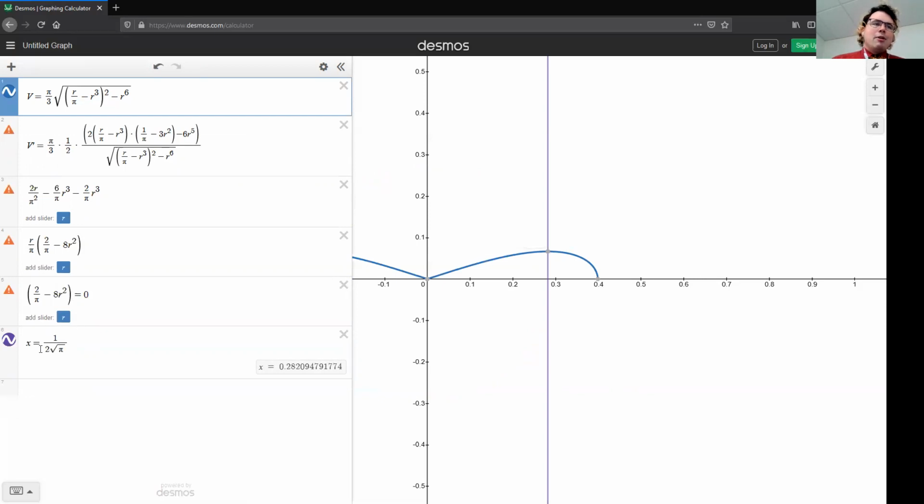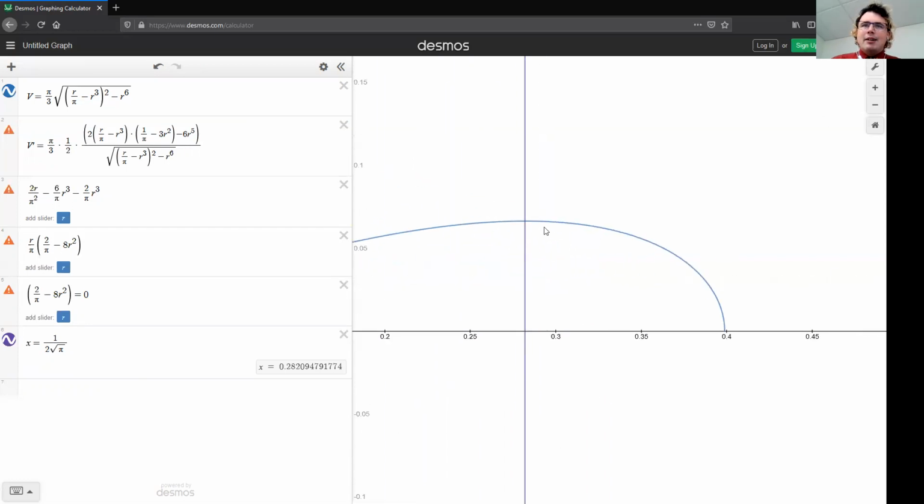So for this volume function, my critical value, well, I could have had positive or negative, but I only care about positive radii anyway. The number that I get is that my radius should be exactly 1 divided by twice the square root of pi. And there is my maximum, just as predicted.